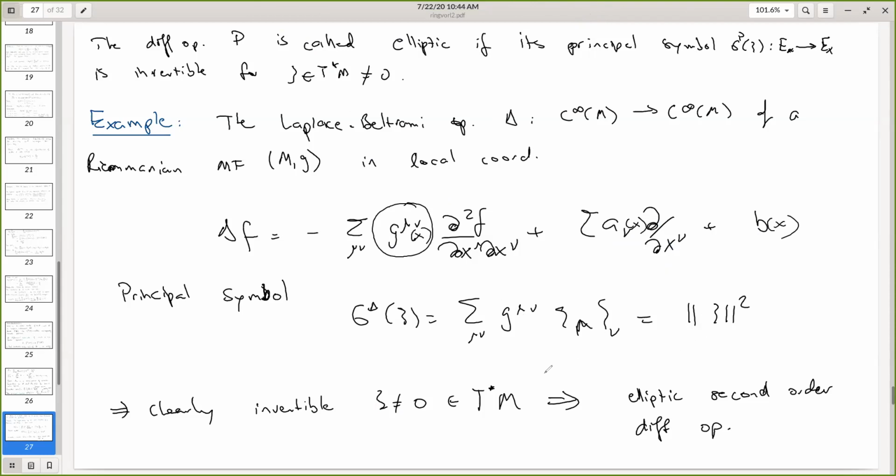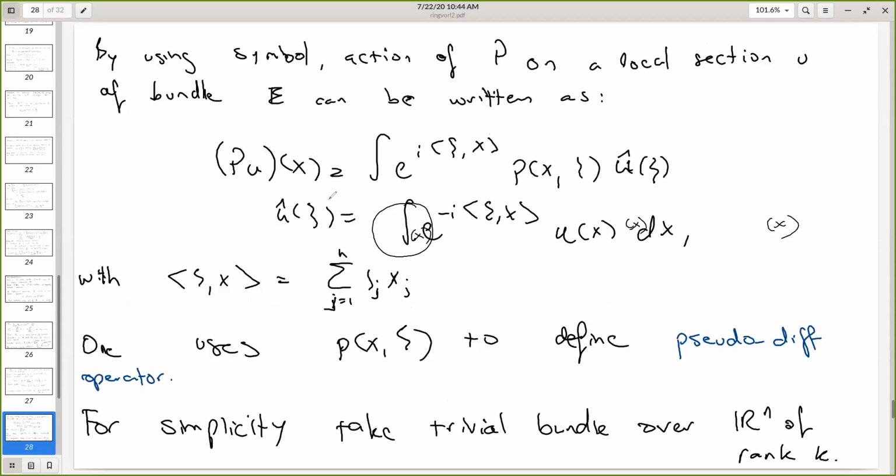Is that invertible? Yes, it is. If psi is unequal to 0, this is invertible. Hence, this Laplace-Beltrami operator on a Riemannian manifold is an elliptic operator, an elliptic operator of second order, they call it.